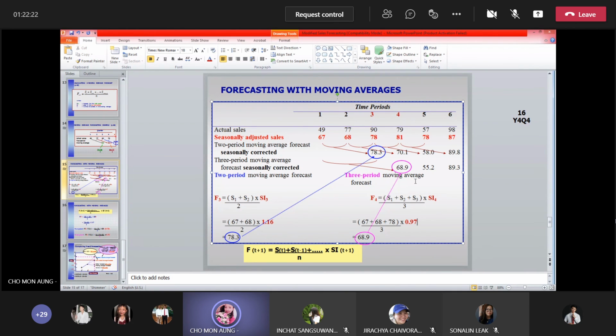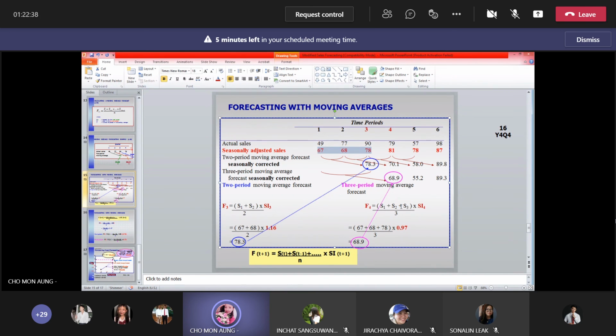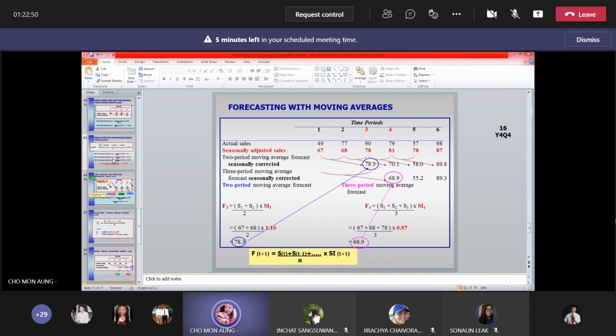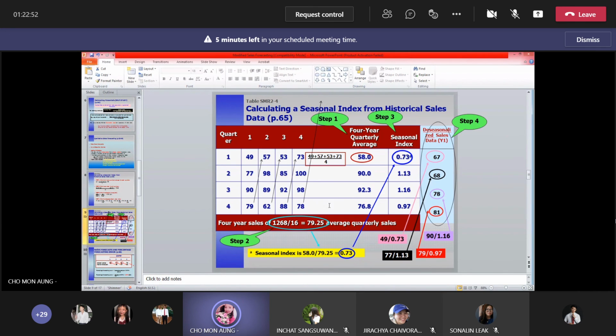For 3-period moving averages, since we are using 3 periods, 1, 2, 3, we'll estimate for period number 4. For period number 4, S4. So S1, S2, S3, 3 periods, therefore we divide by 3. And we are forecasting for period number 4, therefore multiply by seasonal index of quarter 4. So seasonal index of quarter 4, if you forget, come back to the table, that is 0.97 here.